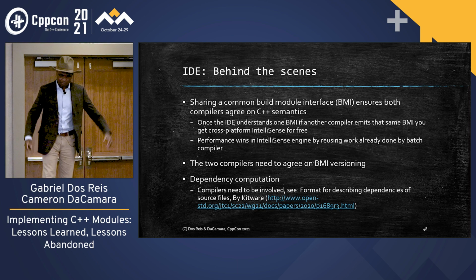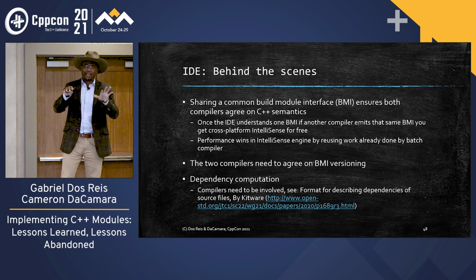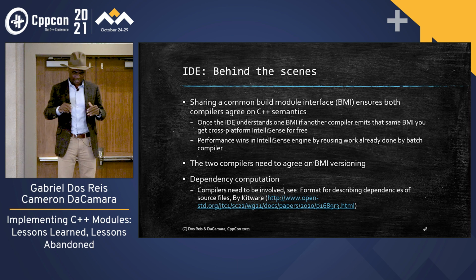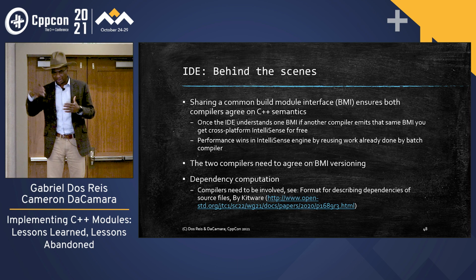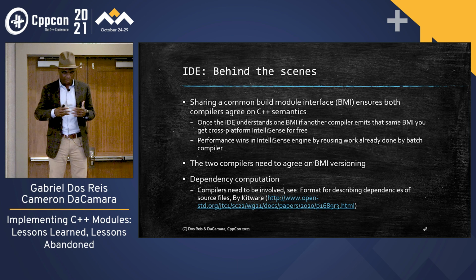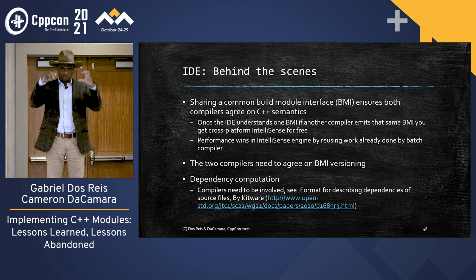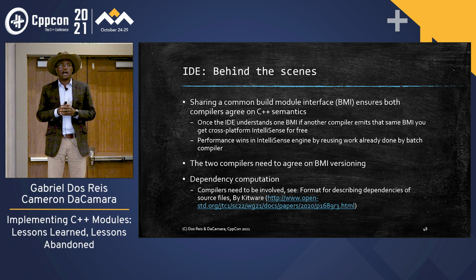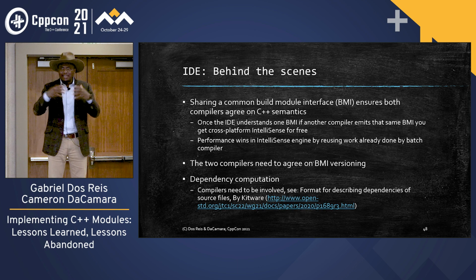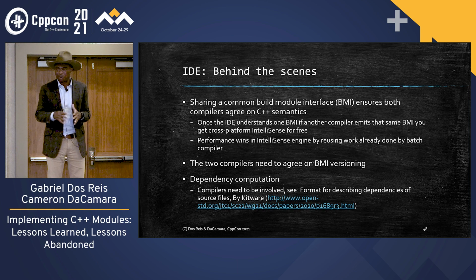The other thing is that when you're in the IDE and you're just writing import std, like Danny's example earlier, or someone hasn't, for example, built a module, let's say Qt, import Qt in angle brackets. Behind that, the IntelliSense engine needs to systematically compute the dependencies, right? You don't want to be computing the dependencies by hand. Nobody wants to do that.